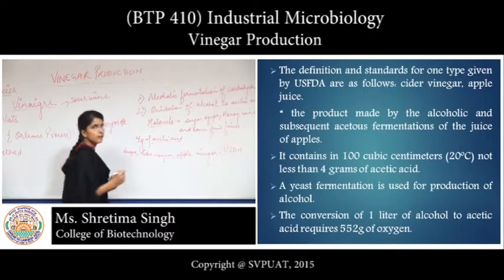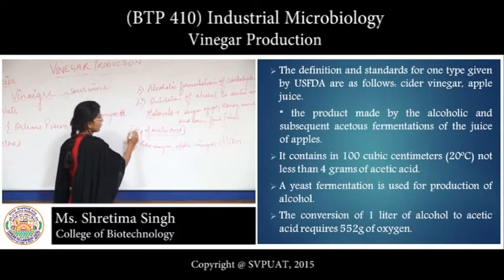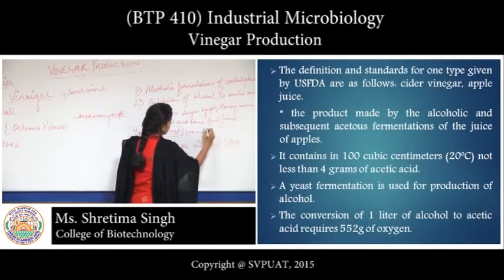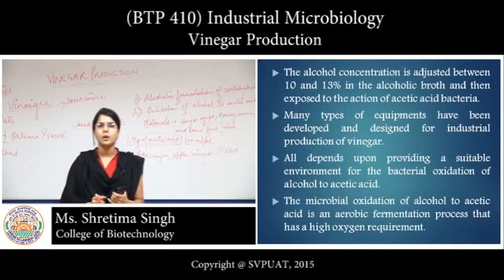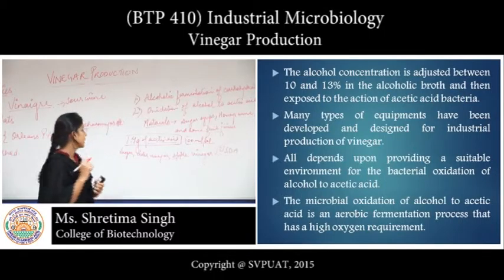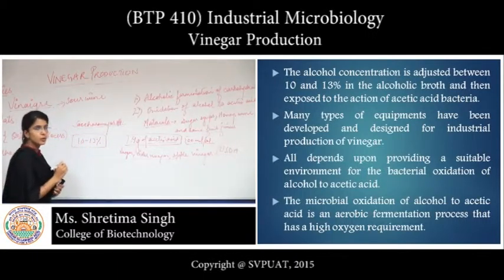The standard, as I told earlier, is that it contains not less than 4 gram of acetic acid per 100 ml of volume. Generally, the alcohol concentration added into the alcoholic broth varies from 10 to 13%.